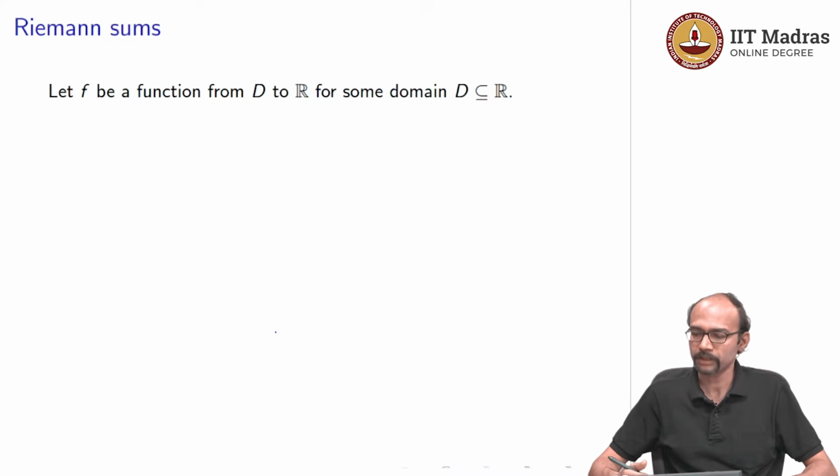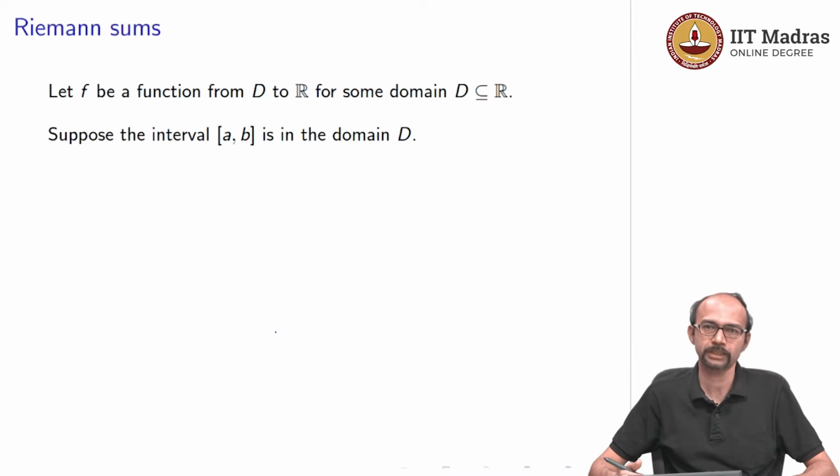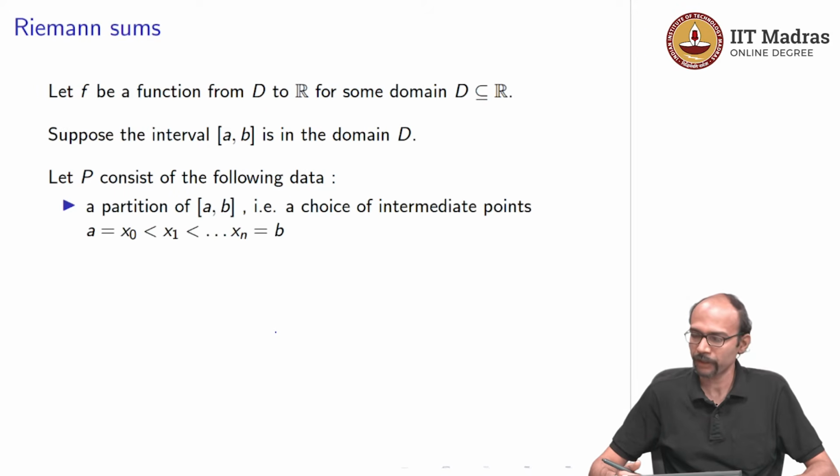Let f be a function from the domain D to the real line. Suppose the interval [a, b] is in the domain D, so that means the function f is defined on the interval [a, b]. Let P consist of the following data. P is supposed to be for partition, along with some other data. A partition of [a, b] means the choice of intermediate points x0 < x1 < ... < xn, which is b.